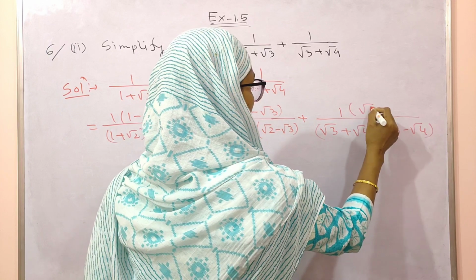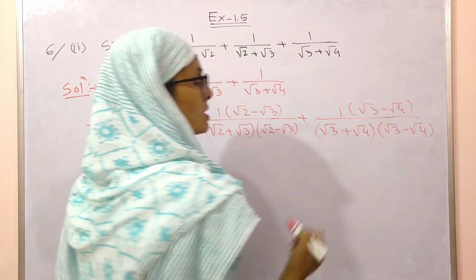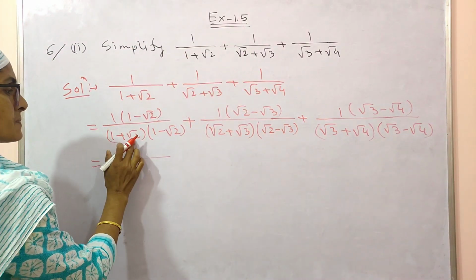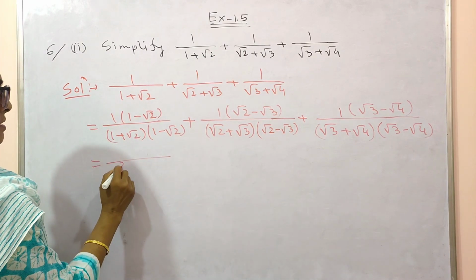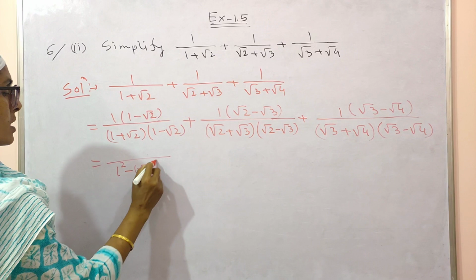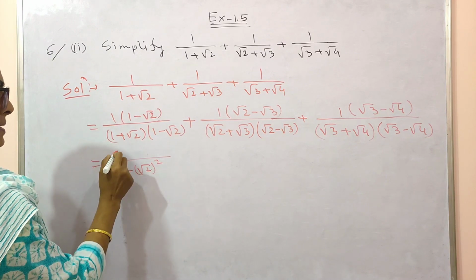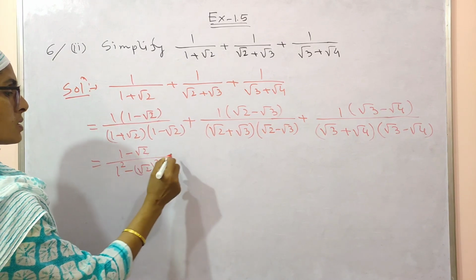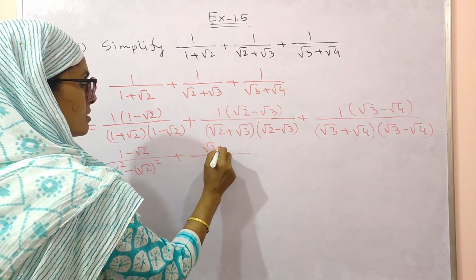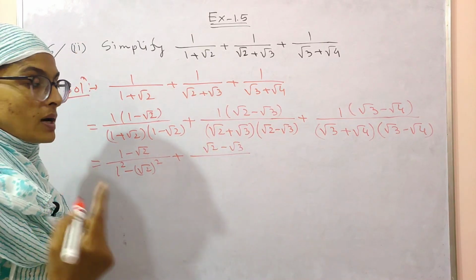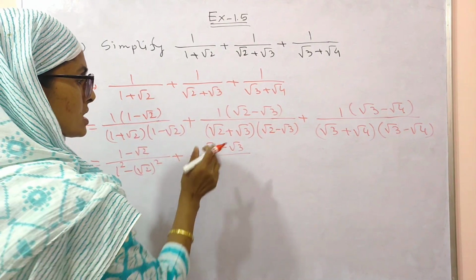Here 1 into (root 3 minus root 4). This is in (a plus b) into (a minus b) form. So 1 square minus root 2 square. And here multiplying by 1 means 1 minus root 2, plus here root 2 minus root 3.